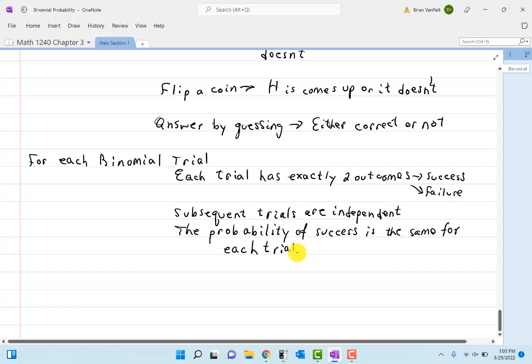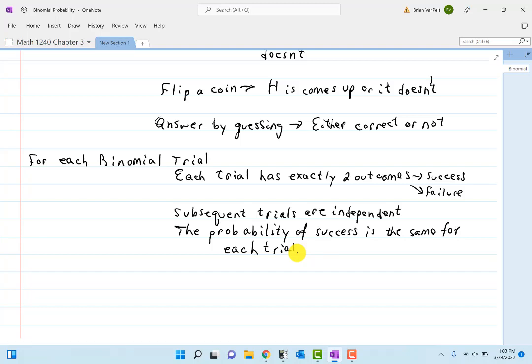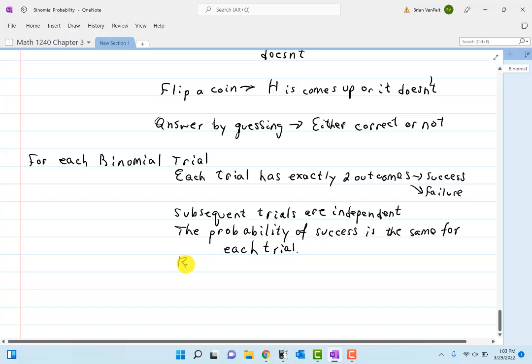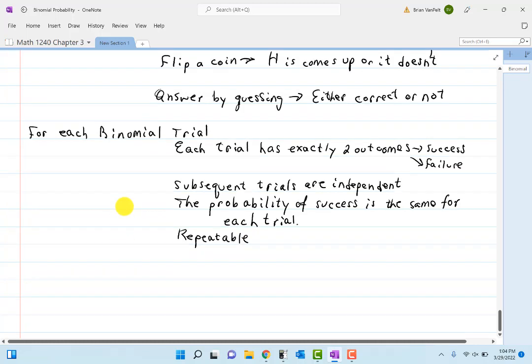And every single time I roll that, I have exactly a 1/6 chance of success. So we need the same probability of success each and every time. And then it's repeatable. So all the examples I gave you are binomial examples.